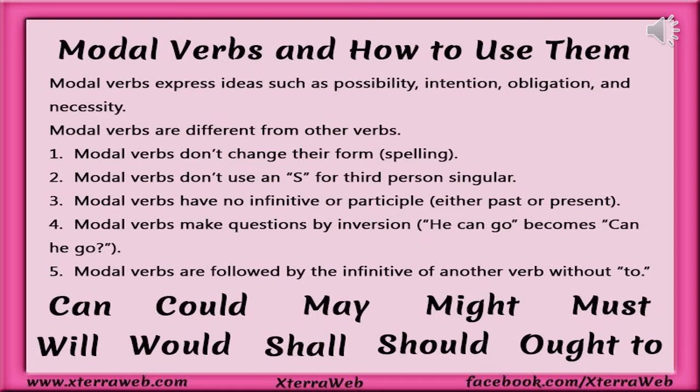To make questions, it can be used in an inverted form. Modal verbs are followed by the infinitive of another verb without to. See the examples: can, could, may, might, must, will, would, shall, should, ought to. These all are modal verbs.